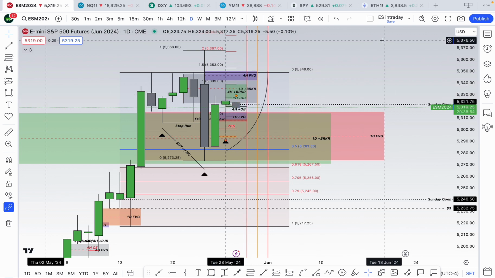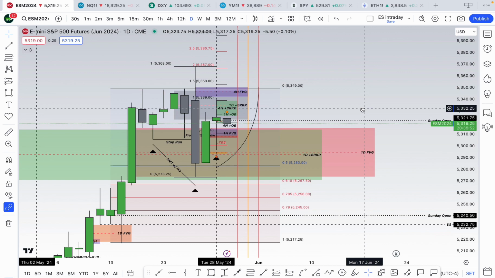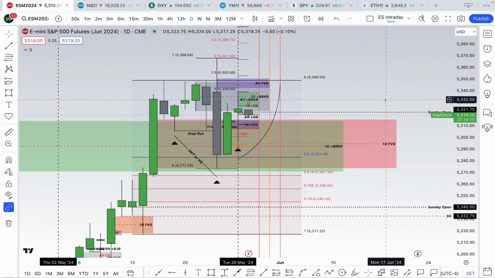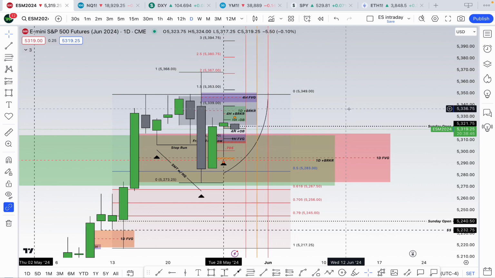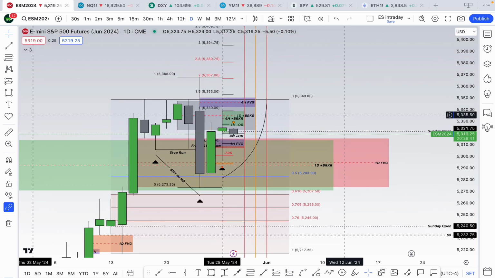Then we'll see how tomorrow plays out, if there's anything that changes or anything with the news, but so far just anticipating higher time frame draw on 5368. You can call it 5367, but I think tomorrow, Wednesday the 29th, we could probably see that objective taken out with relative ease.